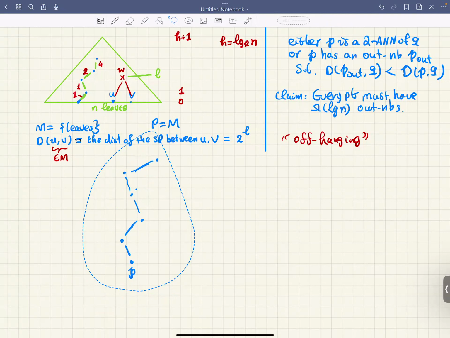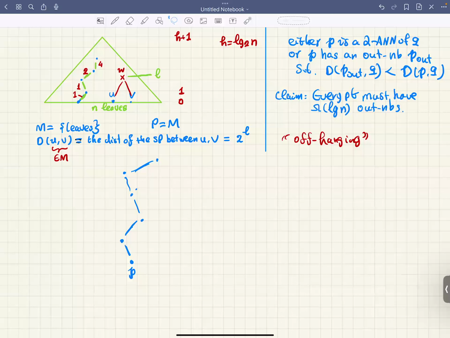Now you can see I go from the root and I go down. As I said, sometimes I make a left turn, sometimes I make a right turn. So every time you make a left turn, take the right subtree of your current node. That's sort of like an off-hanging subtree. It's a subtree that hangs on the path, except that it's not on the path, it's off. You see what I'm saying?